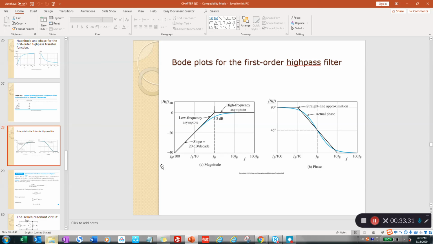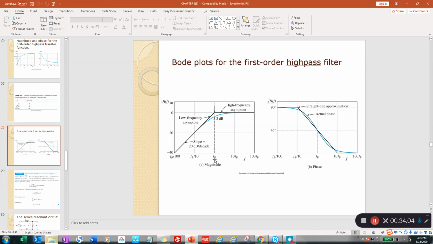Now, as we said, first and also the most important thing is to identify what type of filter you have. So in this case, we have the high-pass filter. Then we are going to draw the Bode plot for the high-pass filter. Identify your break frequency. Then put the break frequency in the middle of your frequency range.